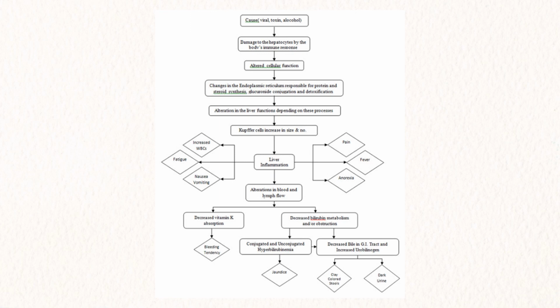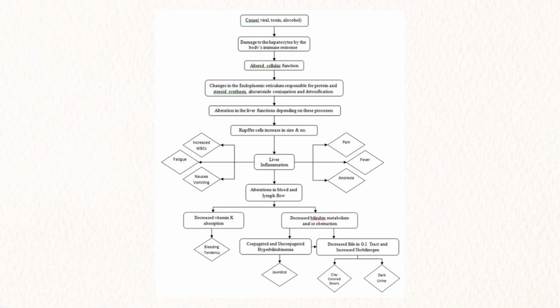This produces Kupffer cells that increase in size and number, causing the liver to become inflamed. You get increased white blood cells, tiredness, nausea and vomiting, pain, fever, anorexia, and alterations in blood and lymph flow, decreased vitamin K absorption, showing that bleeding tendency, or decreased bilirubin metabolism and or obstruction.